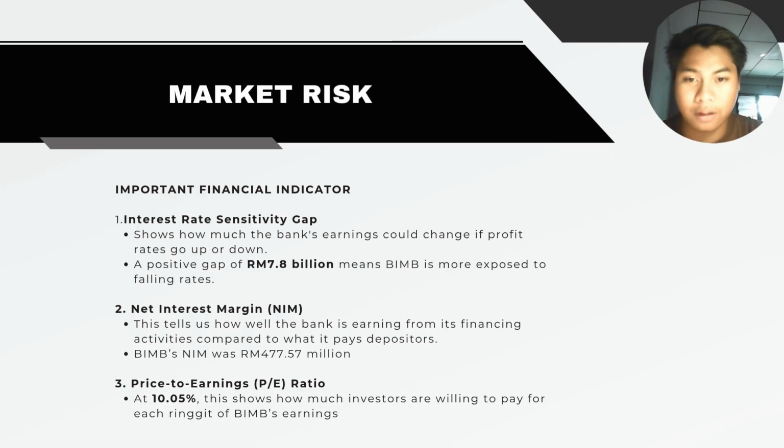This tells us how well the bank is earning from its financing activities compared to what is paid to depositors. And also the price to earning ratio, which is 10.05%, shows us how much the investors are willing to pay for each ringgit of Bank Islam earnings. It helps understand the market value of the bank.